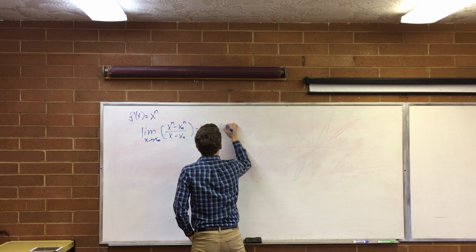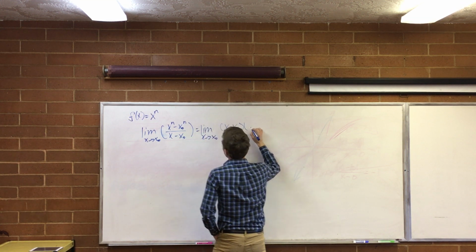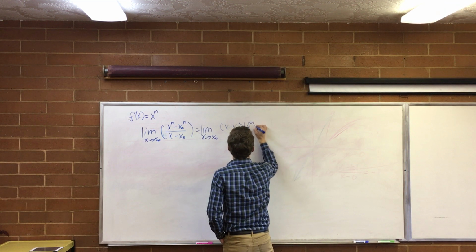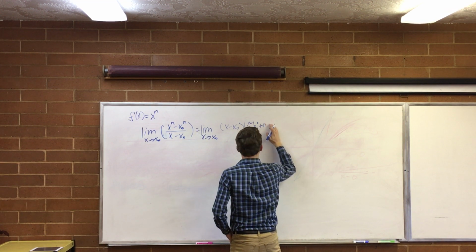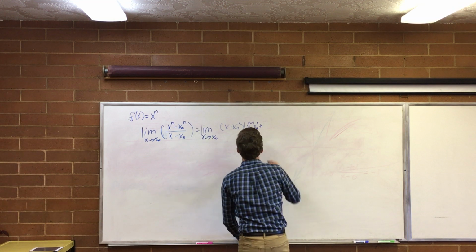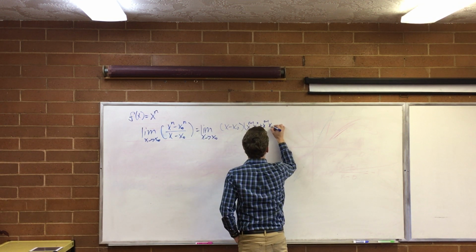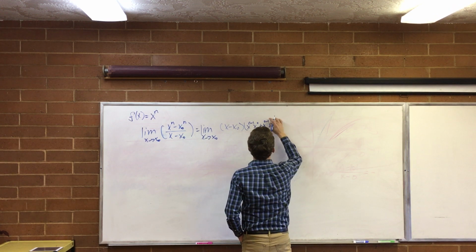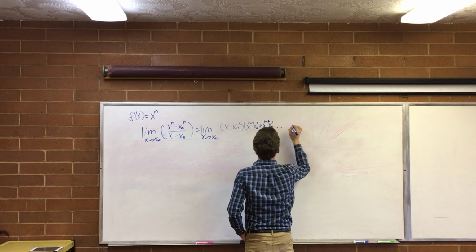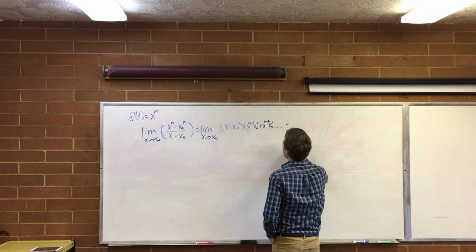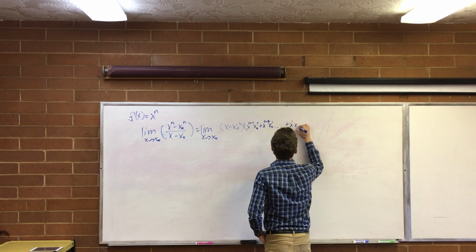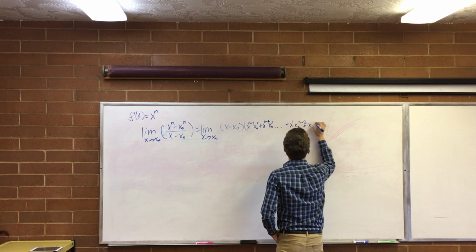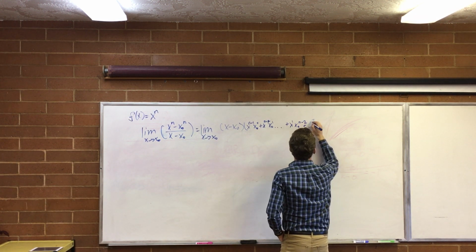It equals (x minus x naught) times (x to the n minus 1, x naught to the 0, if you want to make the pattern explicit, plus x to the n minus 2, x naught to the 1, dot, dot, dot, plus x to the 1, x naught to the n minus 2, plus x to the 0, x naught to the n minus 1).